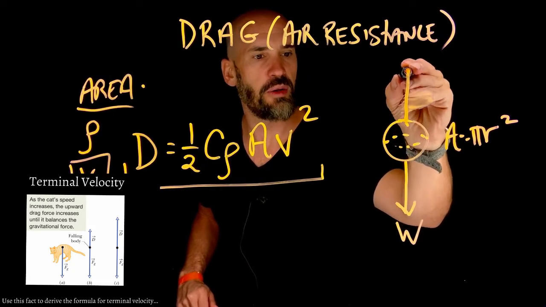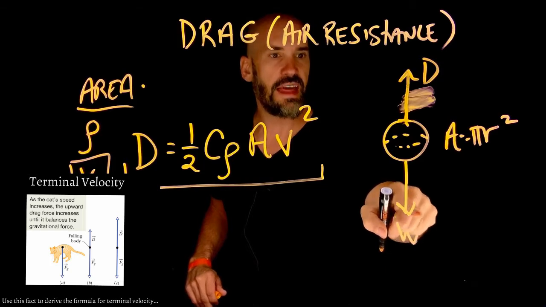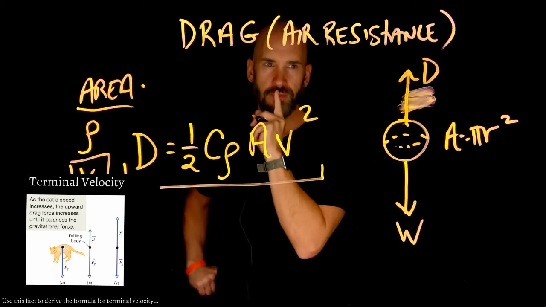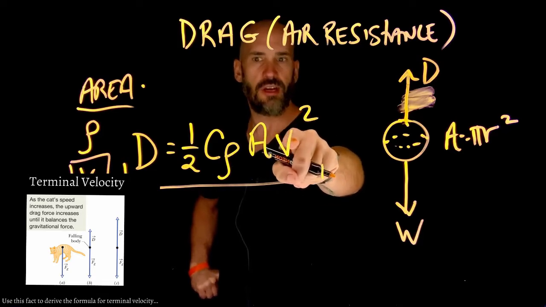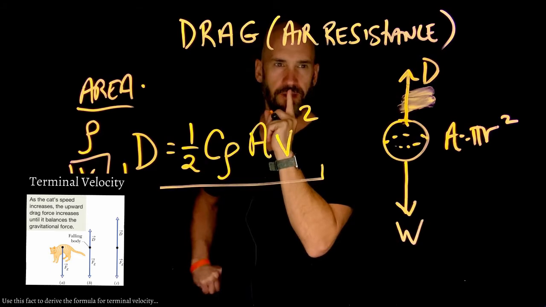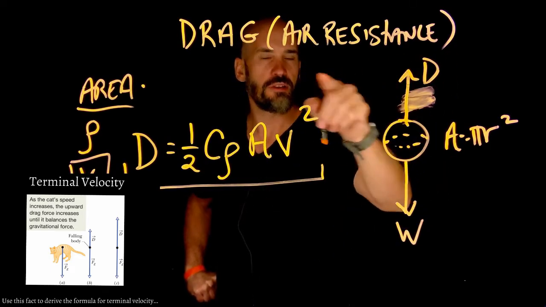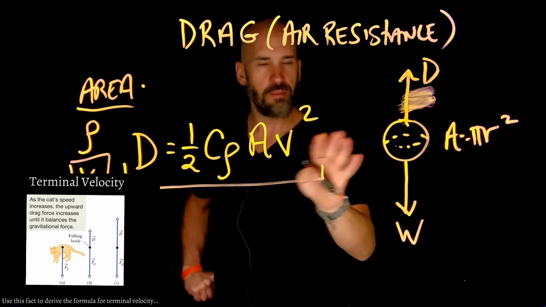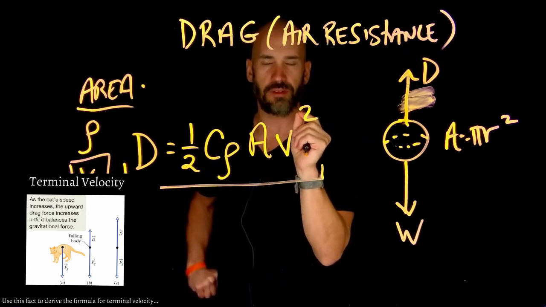Now, at some point, that drag force is going to get so big that it equals the weight. Do you guys see that? There's some key velocity where the drag force is equal to the weight on the object. When that happens, these forces are balanced, so there's no more net force, meaning there's no more acceleration, and you can't get any faster.